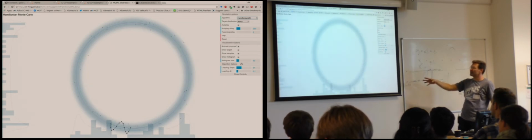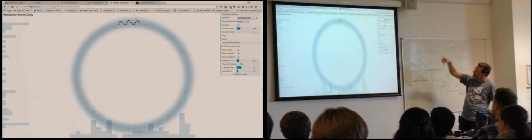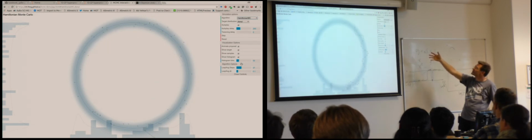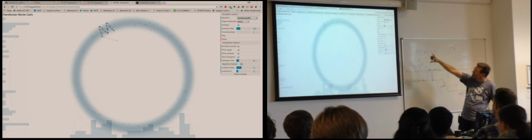In higher dimensions, this happens more often, that we would sometimes just stay in a place. The parameters Hamiltonian Monte Carlo has are the step length, the step size, and how many steps.